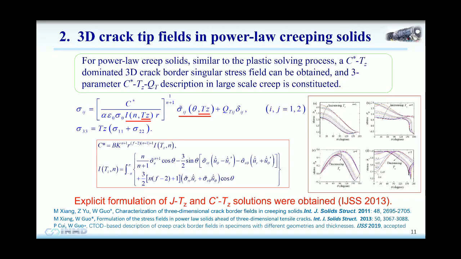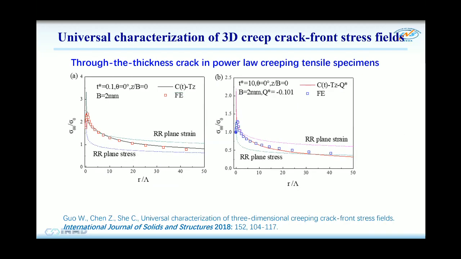And we have explicit formulation for JTZ for fracture mechanics, and also the C star TZ solution for creeping solid here. So everyone can use it without complicated methodology for engineering application.